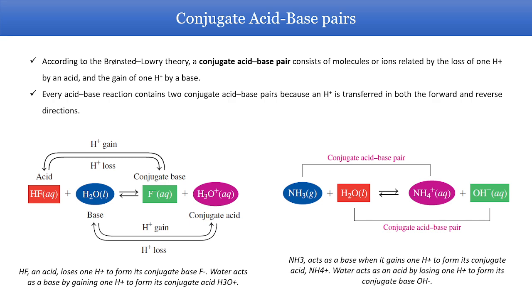Whereas if we add water to an ammonia solution, you get NH4 plus and OH minus, where we have the conjugate acid-base pair as NH3, which acts as the base, and NH4 plus, which is its conjugate acid. On the other hand, you have H2O, which is an acid, and it loses the H plus to form its conjugate base, which is the OH minus ion.